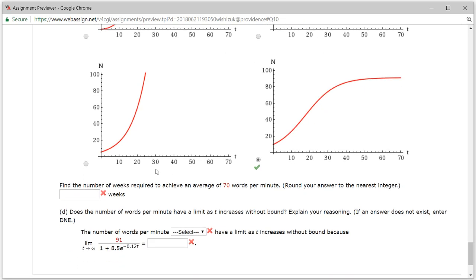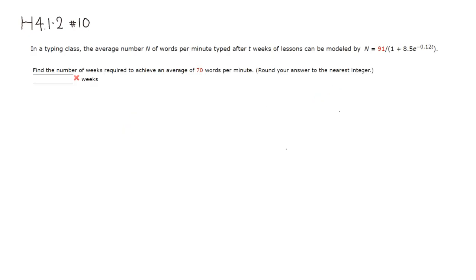Now find the number of weeks required to achieve an average of 70 words per minute. This one we need to do some calculation. We have 91 over 1 plus 8.5 e to the negative 0.12t. We want this to be 70 words, so we set that equal to 70.